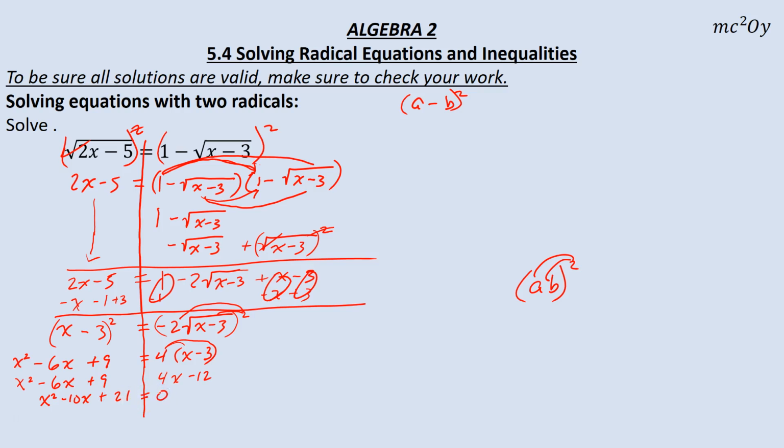Now solving for x, trying to factor, I get x minus 3 and x minus 7. Well, what does that mean? Let's put it over here because I'm running out of room. x is equal to 3, and x is equal to 7.